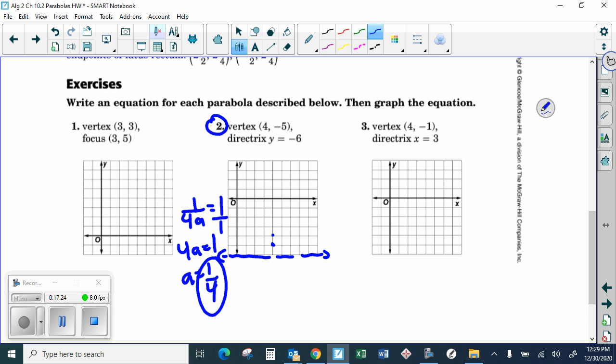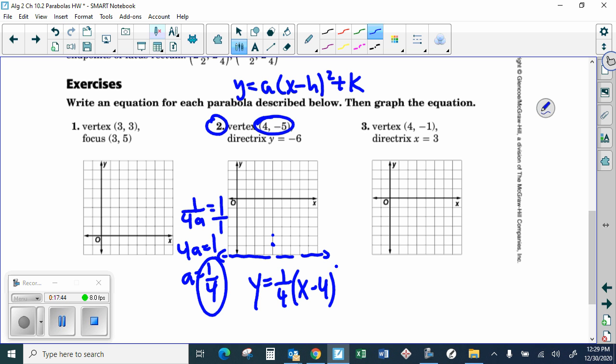Remember, our general vertex form is y equals a(x minus h) squared plus k. So now I have a, it's 1/4. My equation then is y equals 1/4 times (x minus 4) quantity squared, minus 5. And there's my equation of the parabola.